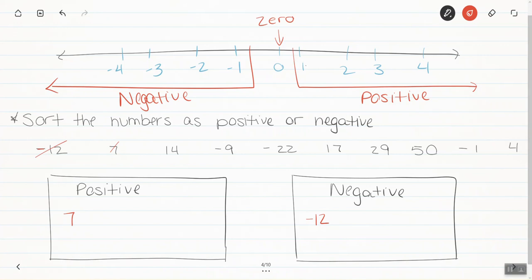So I want you to take a second, see if you can sort the rest of those into positive and negative. So 14 would be positive, -9 would be negative, -22 would be negative, 17 would be positive, 29 would be positive, 50 would be positive, -1 would be negative, and 4 would be positive.